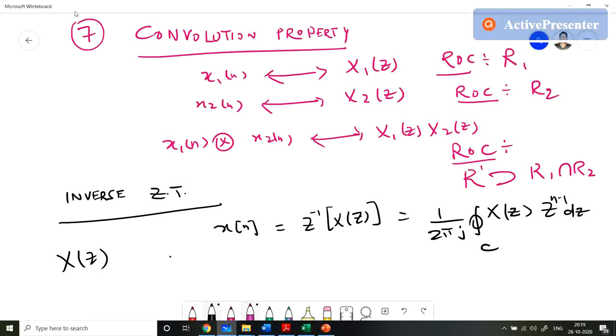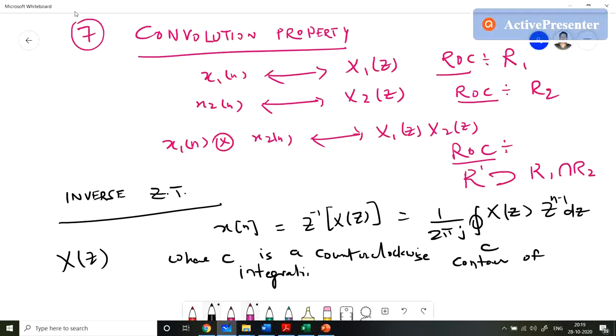And what is C? C is the counterclockwise contour of integration enclosing the origin.